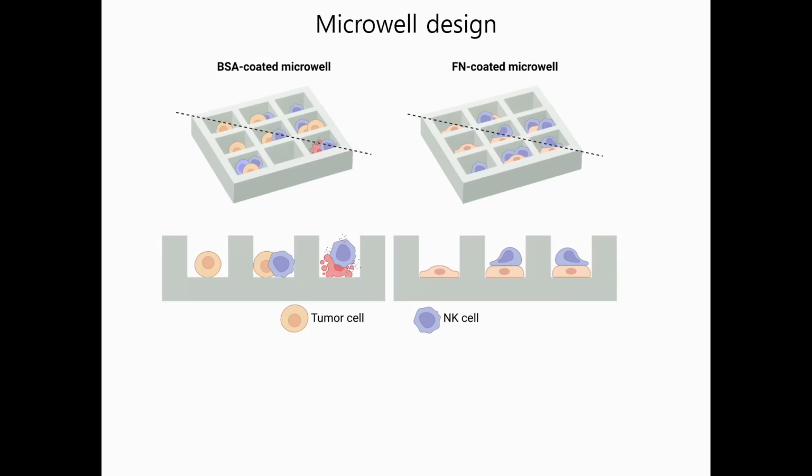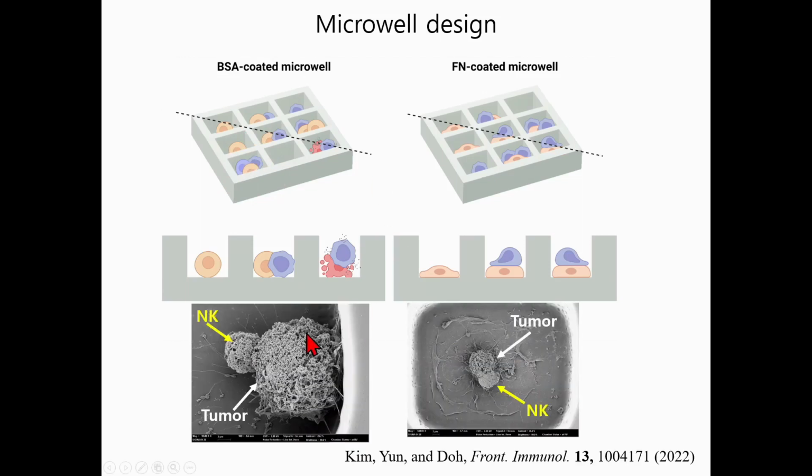And for solid cancer cells, we made different types of microwells. Now we can put cancer cells and NK cells together like a boxing match. When we use the BSA-coated microwell, the cancer cells also cannot adhere, so they become round, and then NK cells engage and fight. With the fibronectin coating, cancer cells spread and NK cells engage and kill.